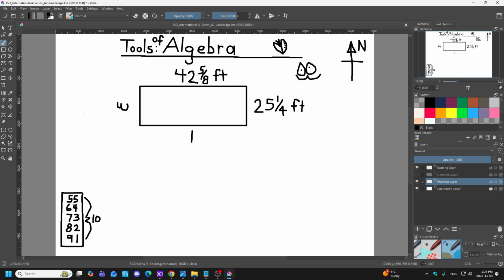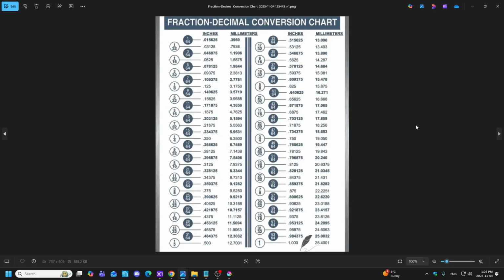I have something else for you. It's something you can find on the internet, or you can snipping tool what I have here. It's a fractional decimal conversion chart.